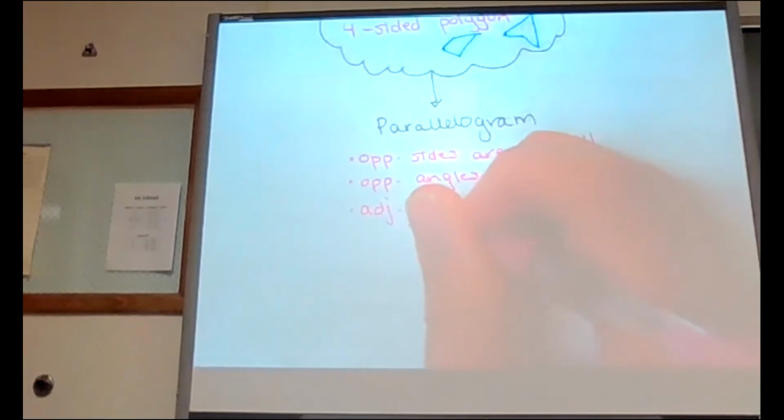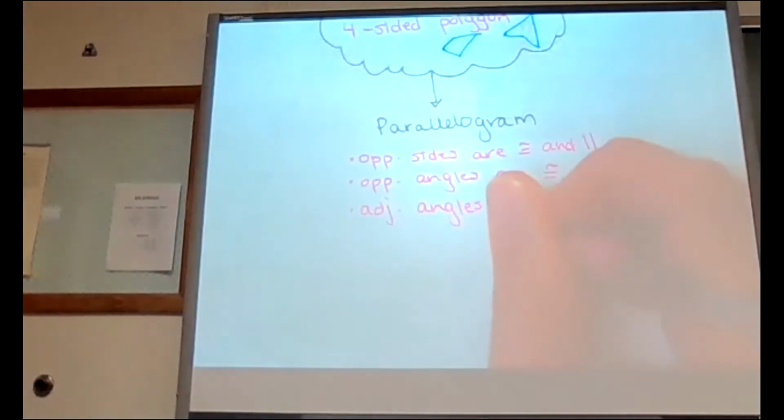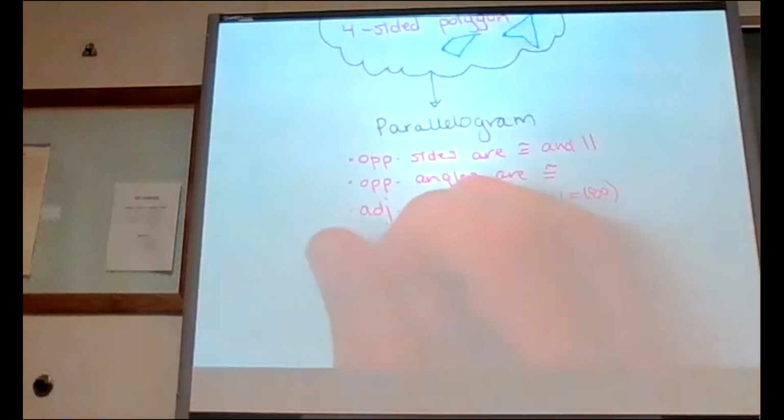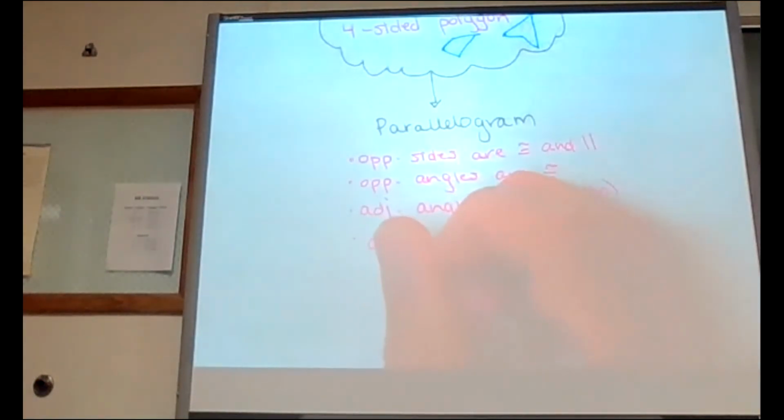Our adjacent angles are supplementary, or equal 180. And the diagonals bisect each other.